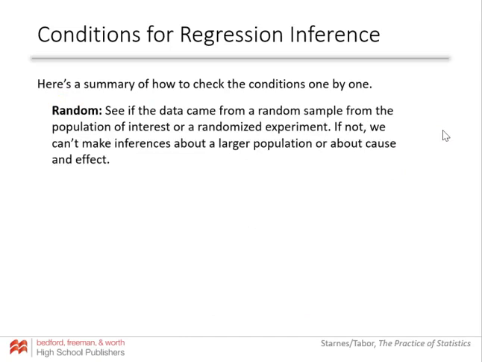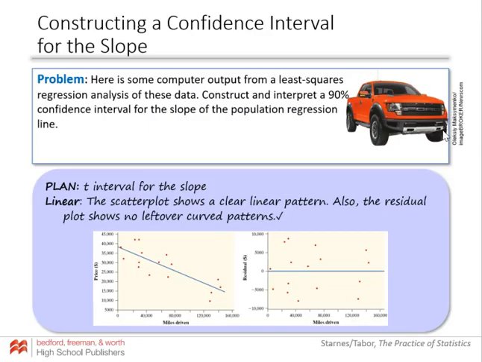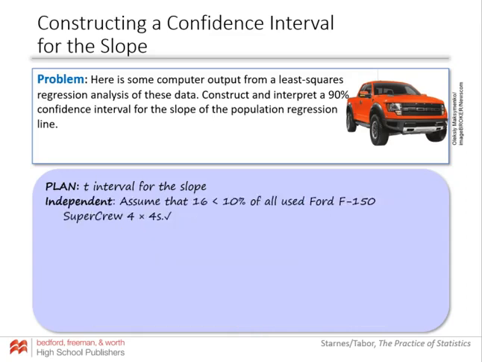So let's go through those for our truck example. All right, so we have given to us in the problem, they gave us a scatter plot and the residual plot. So for our linear condition, scatter plot is linear and residuals have no patterns. Check on that one. All right, next one is independent. We're gonna say it's reasonable to assume that 16 is less than 10% of all the Ford F-150s.